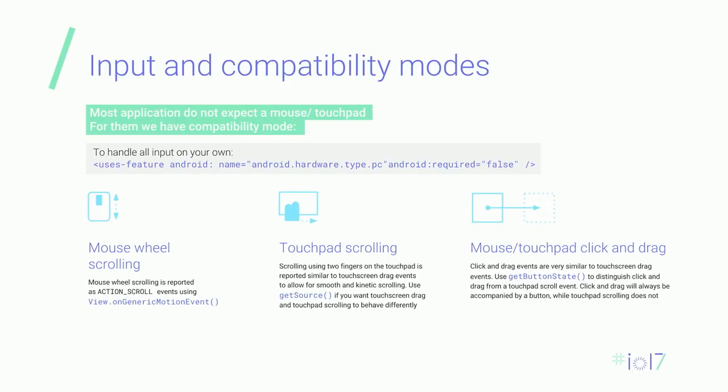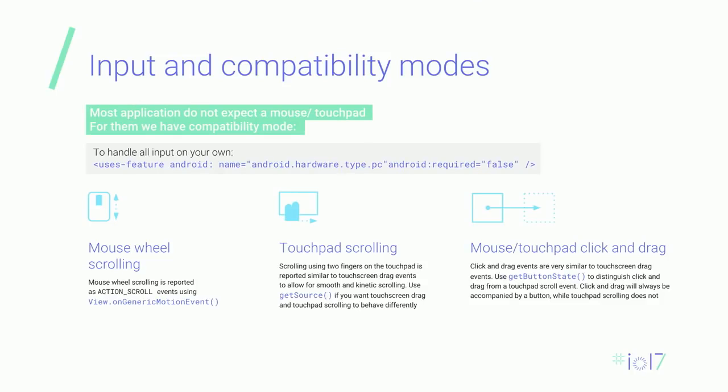However, if you do care about these kind of things and other special input quirks, you can actually specify in the user section of your manifest file Android hardware type PC. If you do that, and please use this false, because otherwise you run only on Chromebooks, then you will get the full breadth of all the different input events possible. And since we are running a little bit short, I'll try to speed this up a little bit.